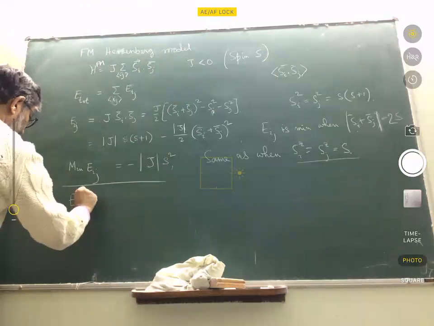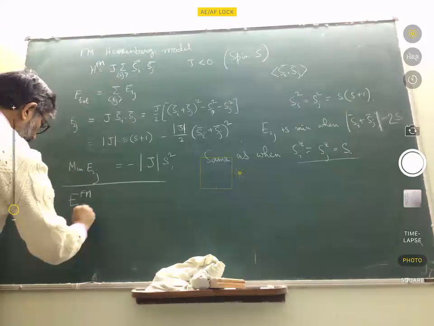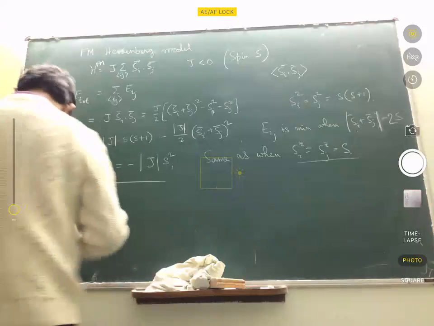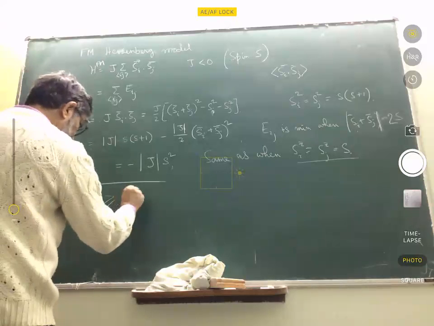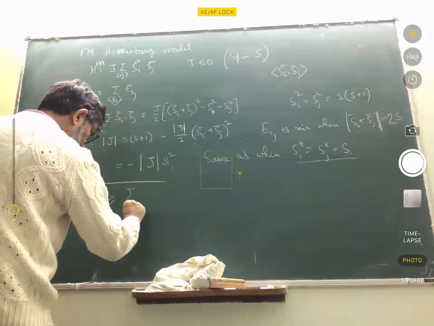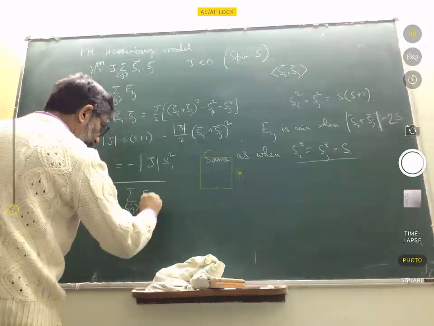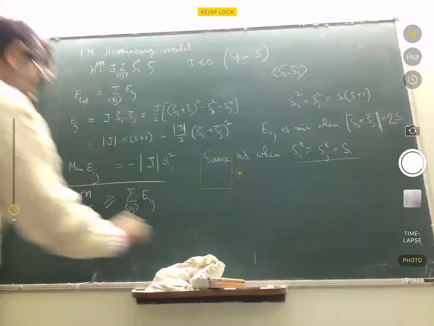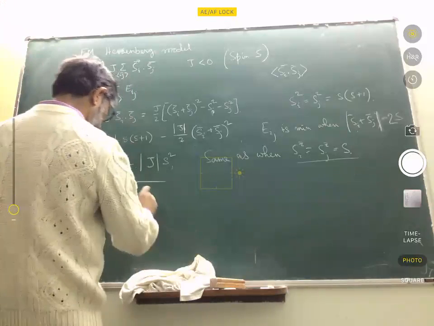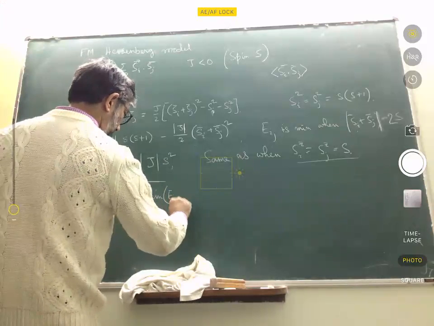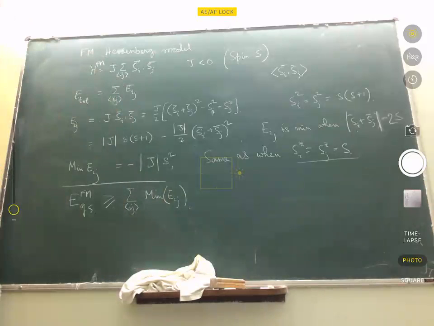So I can formally write the ground state of ferromagnetic Heisenberg model to be greater than equal to. Now let me explain this, and maybe I'll stop there today and then take it up from there.